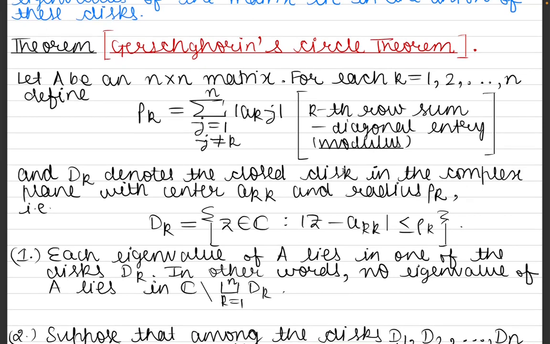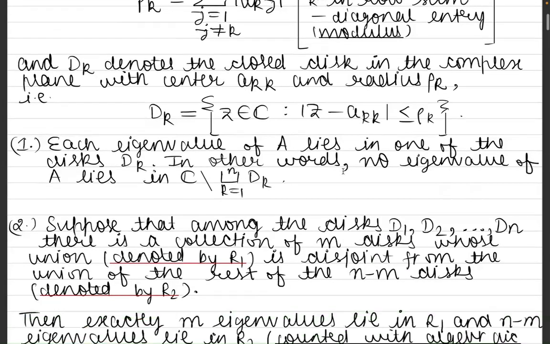For example, rho 1 will be the sum of the absolute value of each entry in the first row minus mod a_11. You keep on doing this for row 2, row 3, and so on. Now consider the disk centered at the corresponding diagonal entry with radius rho k. The Gauss-Gorin circle theorem says that each eigenvalue lies in one of these disks. So we shall prove this.